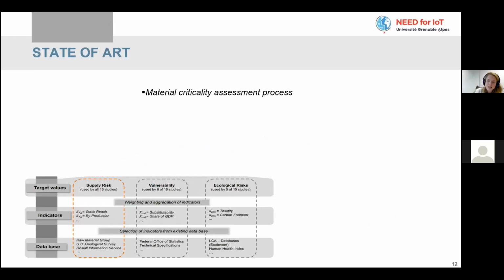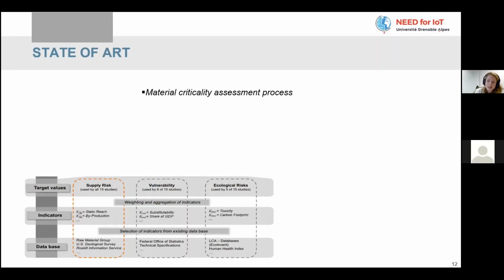The process is simple. First of all, we will see the supply risks. What are all the risks that will impact the accessibility of material. I have different indicators, and for each indicator, we have databases that allow us to measure these parameters. The second thing is the vulnerability.